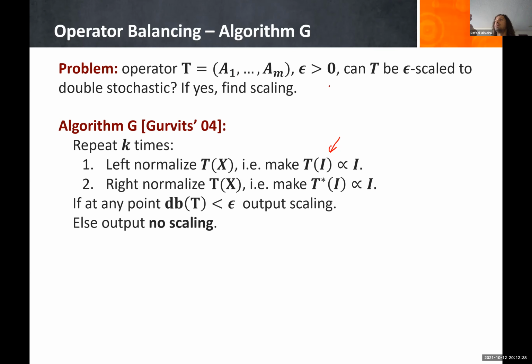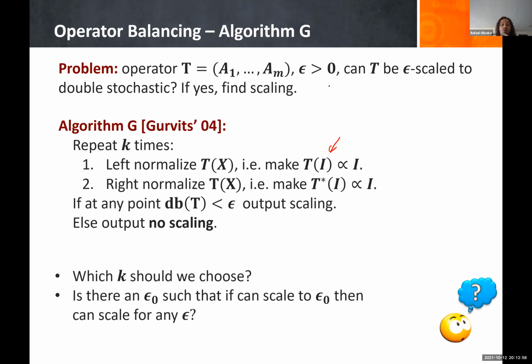If I do that, I can make the dual be whatever I want, close to the identity. And if at any point the distance to doubly balanced is less than epsilon, we output our scaling. Otherwise, we output that there is no scaling.